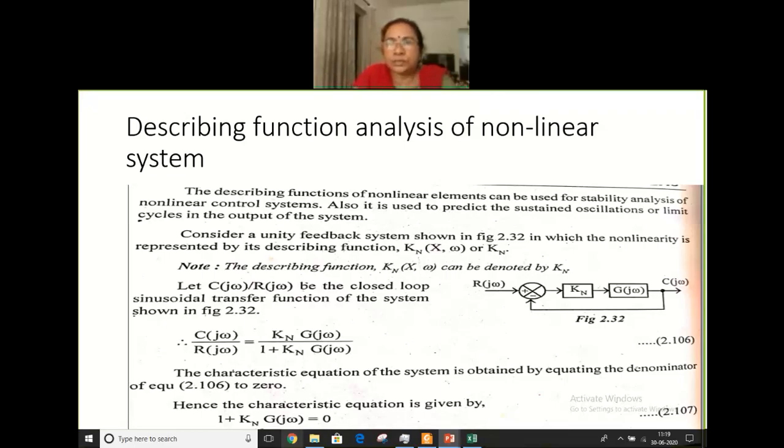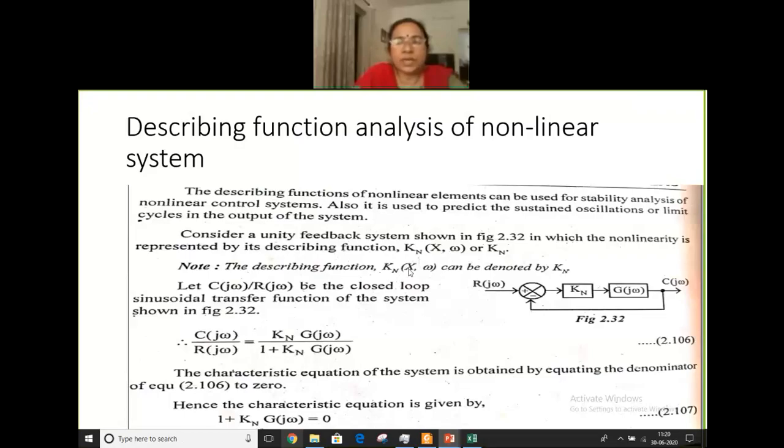When you introduce the nonlinearities, the transfer function in frequency domain becomes C(j omega) by R(j omega), which is equal to Kn into G(j omega) divided by 1 plus Kn into G(j omega). So this Kn is the describing function. Then the characteristic equation is 1 plus Kn G(j omega) is equal to 0. That much is clear? Upesh?